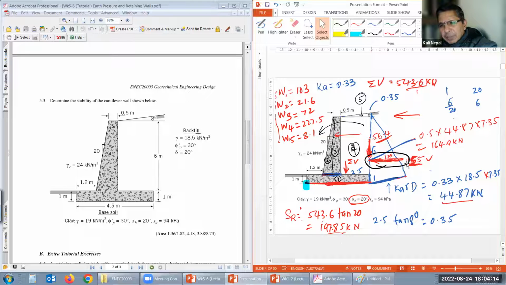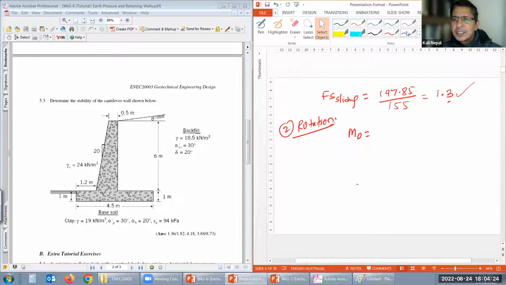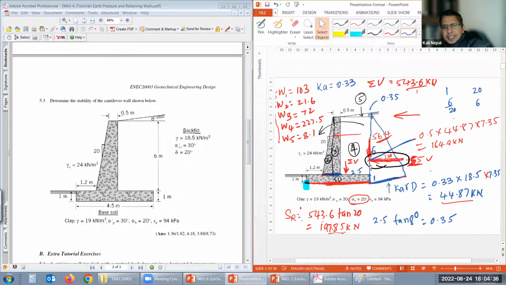Over here it is 155 times where it acts. It acts at one third of 7.35, right? So 155 times 7.35 divided by 3. Can you calculate the overturning moment now? It is the force that helps turn the wall this way, right? That's the overturning moment.